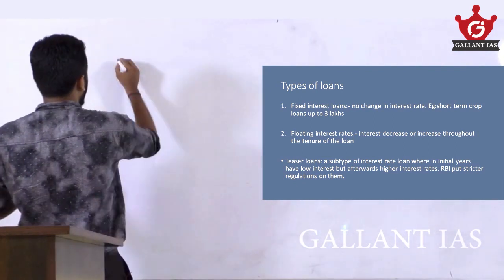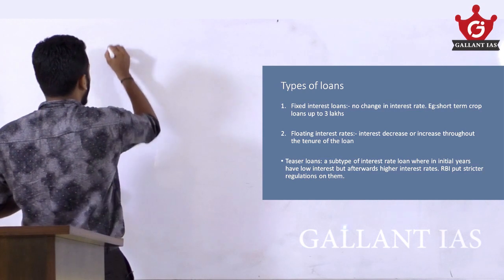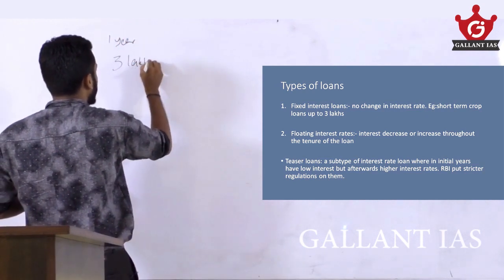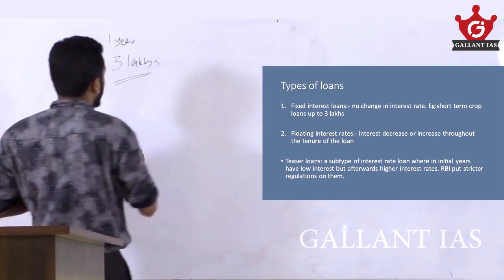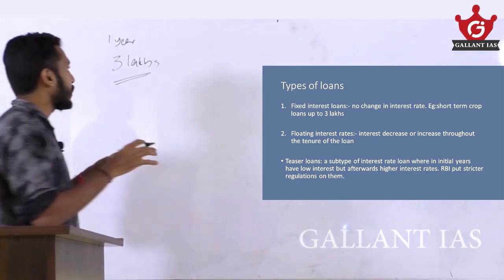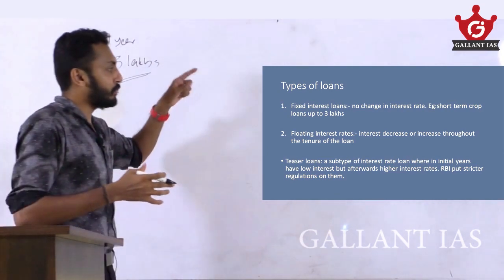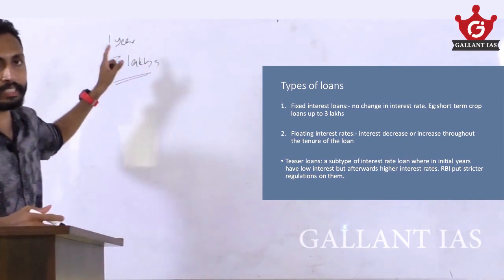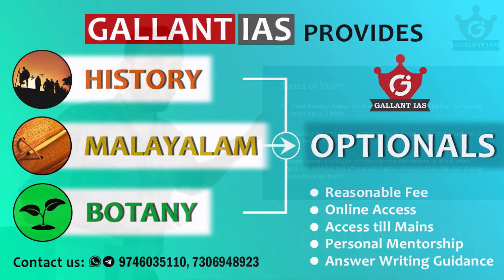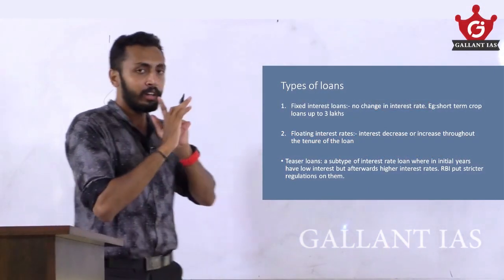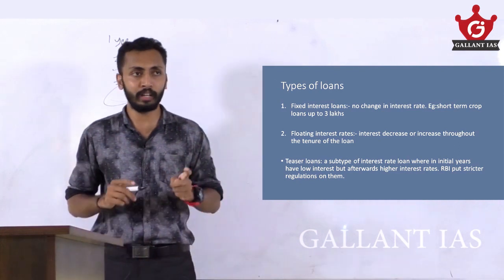For agriculture loans given for 1 year up to 3 lakh rupees, the interest rate will not change. Even if the benchmark rate, the repo rate, changes, the interest rate of these fixed interest loans will not be affected. Only a small portion of loans are given by banks at fixed interest, with no change in the interest rate throughout the time period.